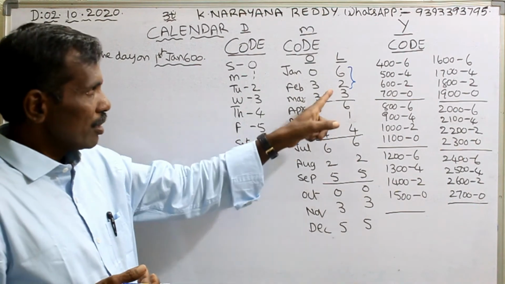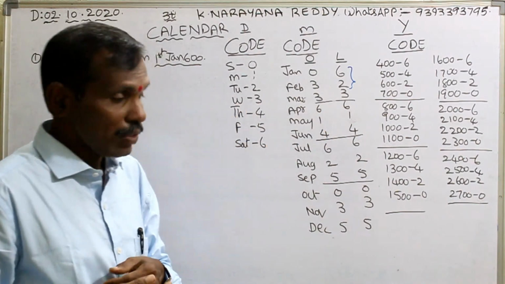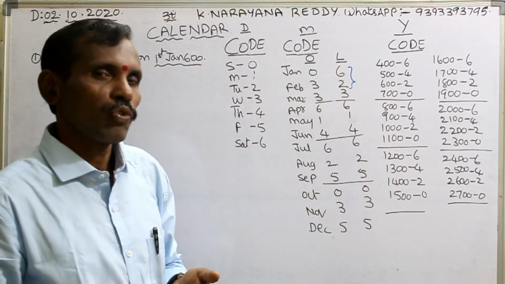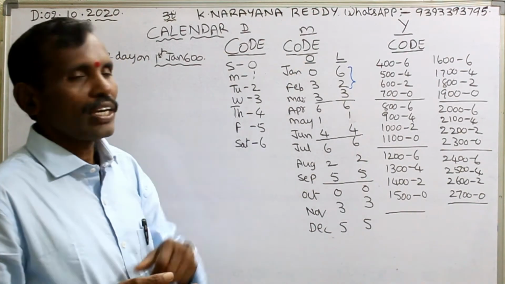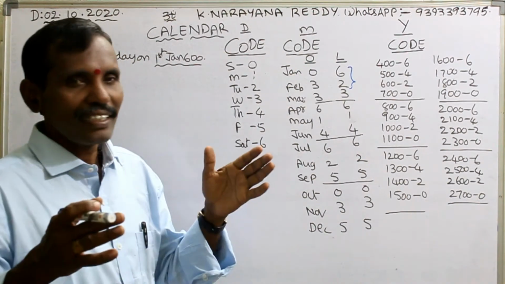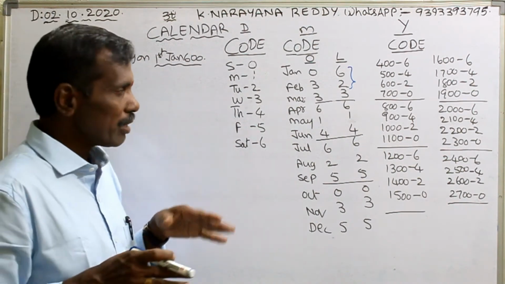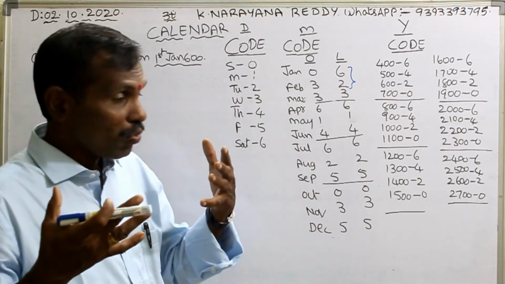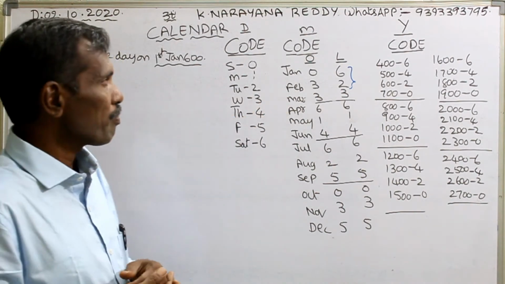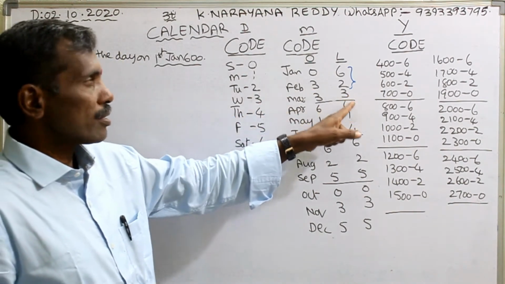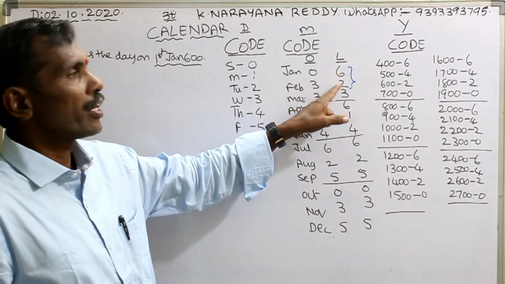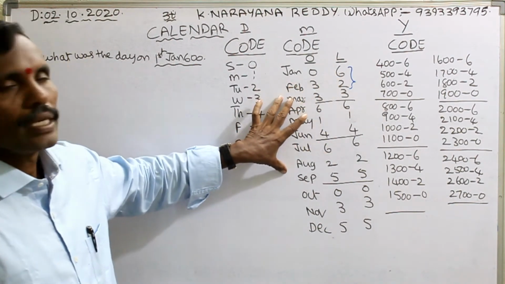February contains 29 days, but what is happening for the remaining months? We are taking only 6 in January. That is a doubt arising in our mind. That is good, but I will tell in a future class how this difference happens. Now remaining all are the same except January and February.